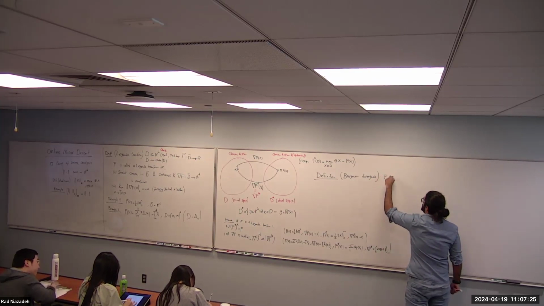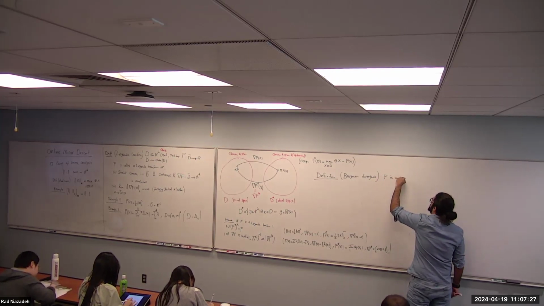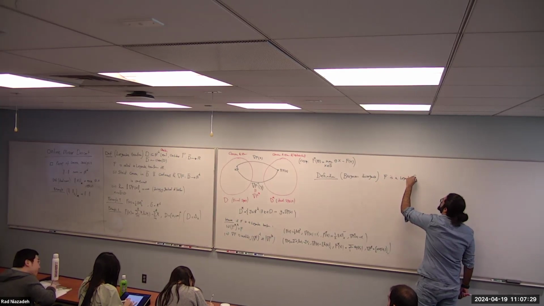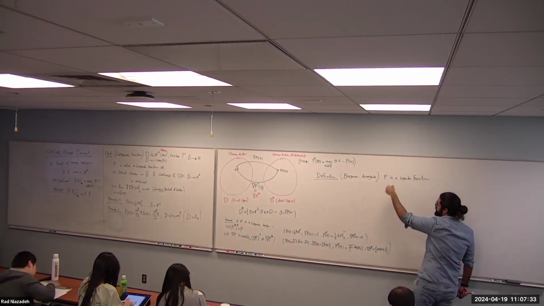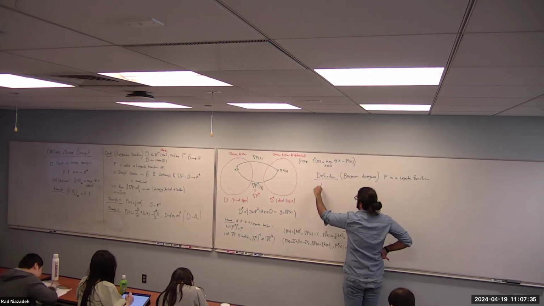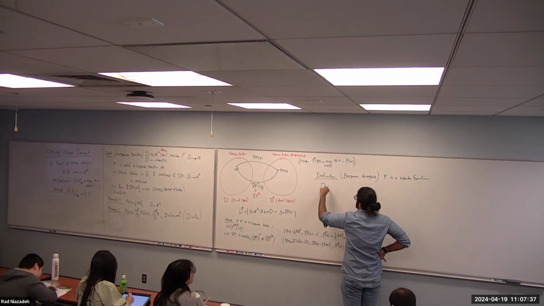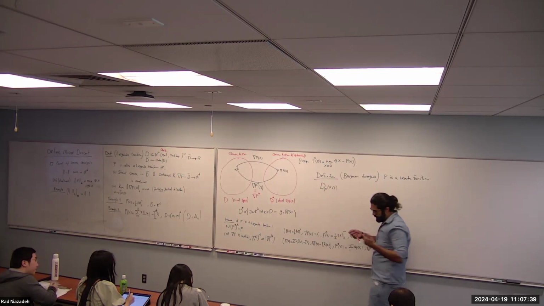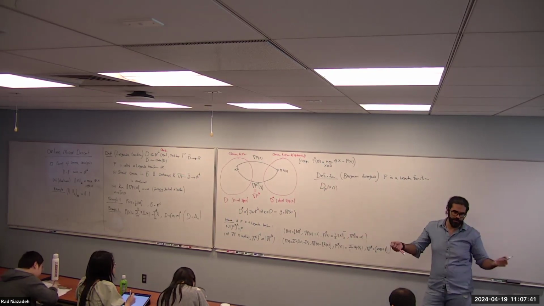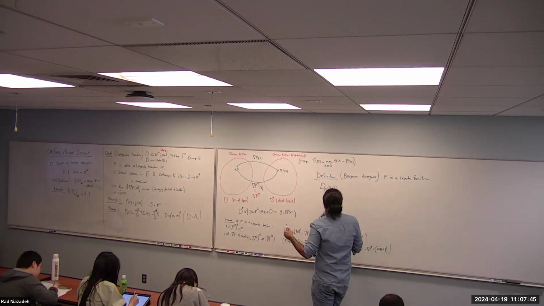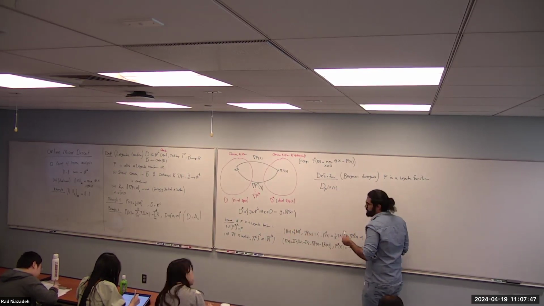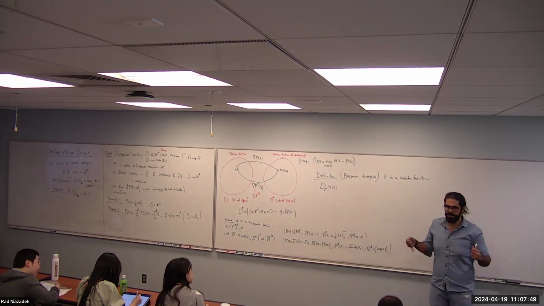Say f is a Legendre function. Then the corresponding Bregman divergence, defined by D_f of x and y, is a notion of distance. But it's a weird notion. It's not symmetric, and it does not satisfy the triangle inequality exactly.